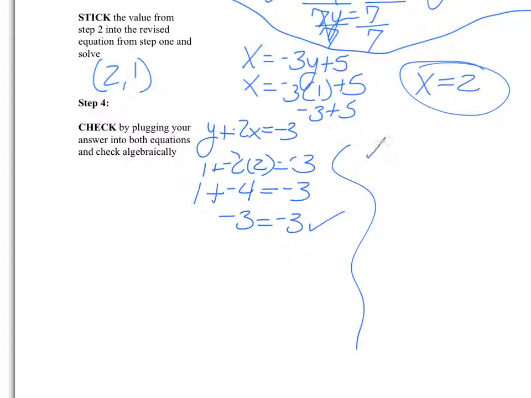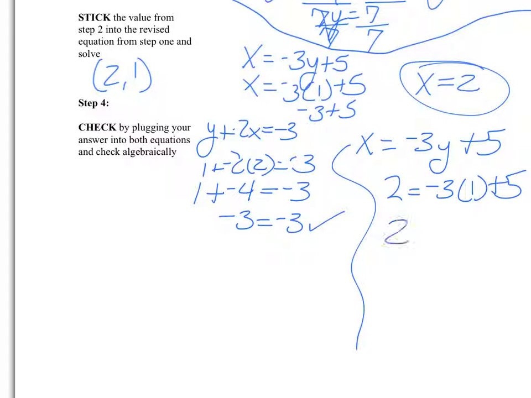Checking it in the second equation, x equals negative 3y plus 5. 2 equals negative 3 times 1 plus 5. 2 equals negative 3 plus 5. 2 equals 2, and my answer checks.